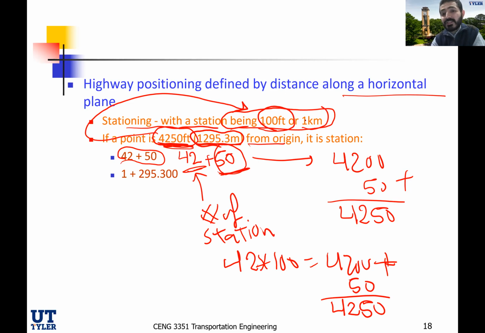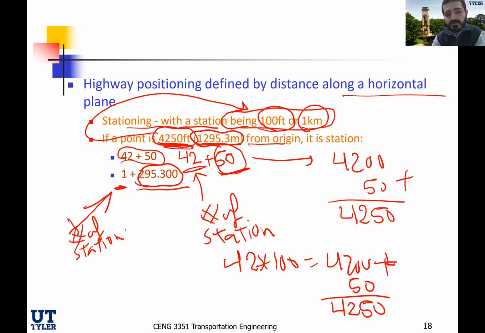If I know that each station is 1,000 meters, then it only has one full station, which is 1, plus 295.3. The 1 is the number of stations, and the rest, which is not even getting close to a station, is the remainder. So you see the 1 times 1,000 to get a kilometer, plus 295.3, and that's what's gonna get you to 1,295.3.